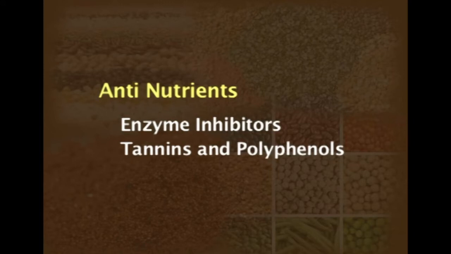Now, the various antinutrients are a couple of them. For example, the enzyme inhibitors, the tannins or the polyphenolic compounds, and also the phytates, as I spoke to you earlier.